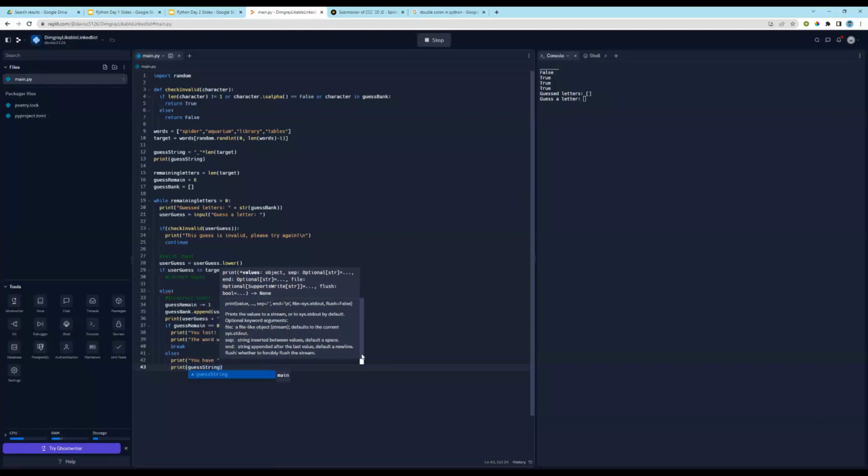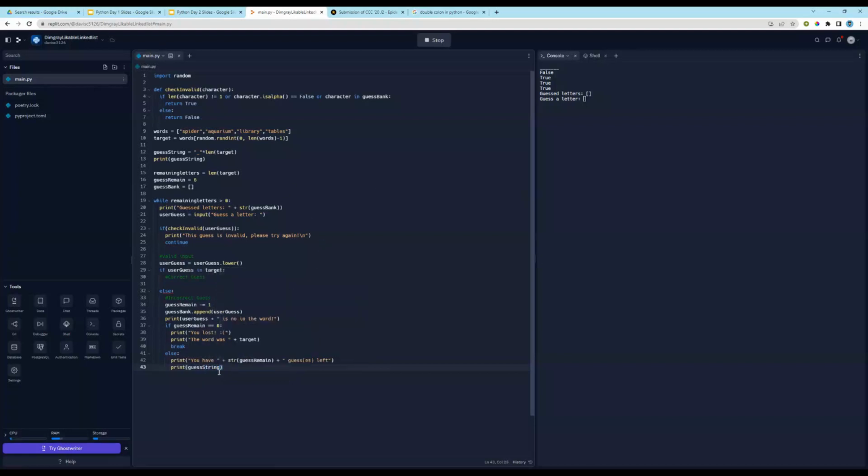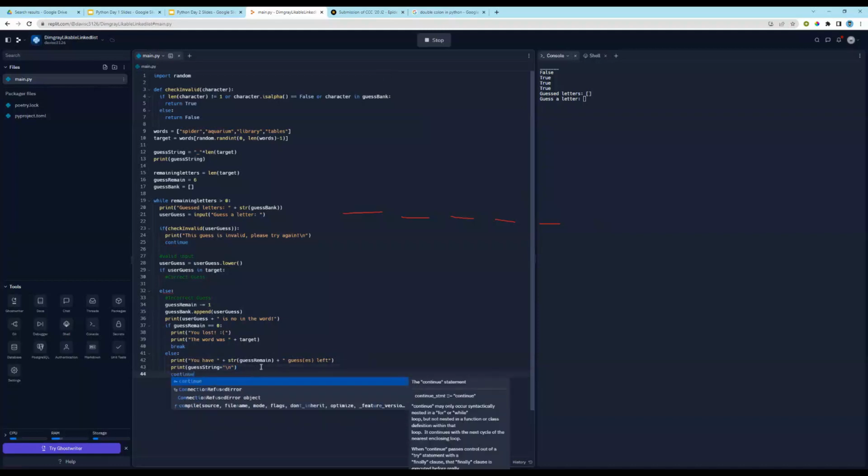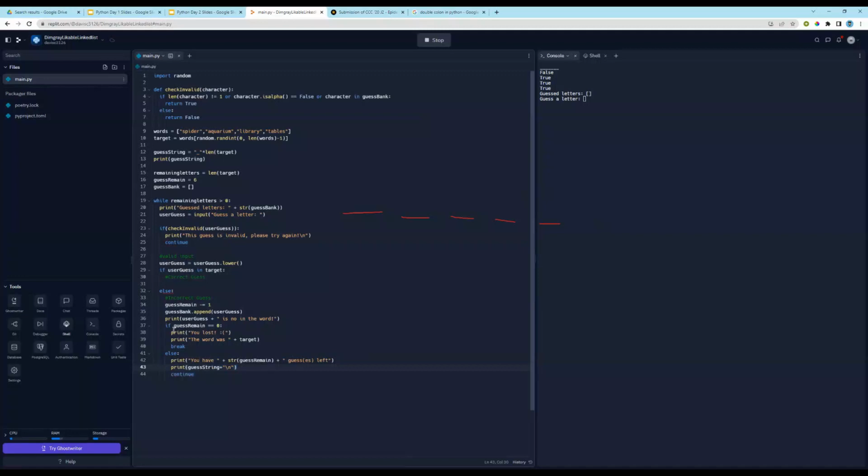Again, the get string is the underline thing, the 5 or 6 lines that we have. So that's basically all we have to do for an incorrect guess.